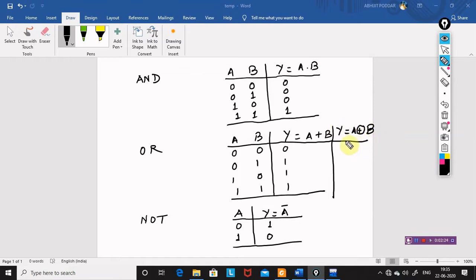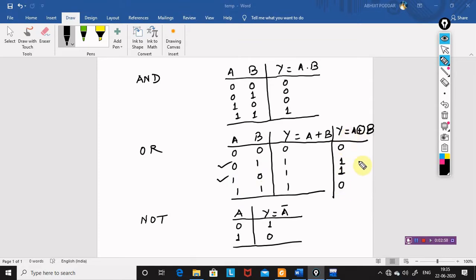So this bitwise exclusive OR, what it does is, when any one of the inputs is 1, so if we take this combination or this combination, we see only one of the inputs is 1, then only the output would be 1. So there is some sort of exclusivity here, and in all other cases the output would be 0. 1 signifies true state and 0 signifies false state.